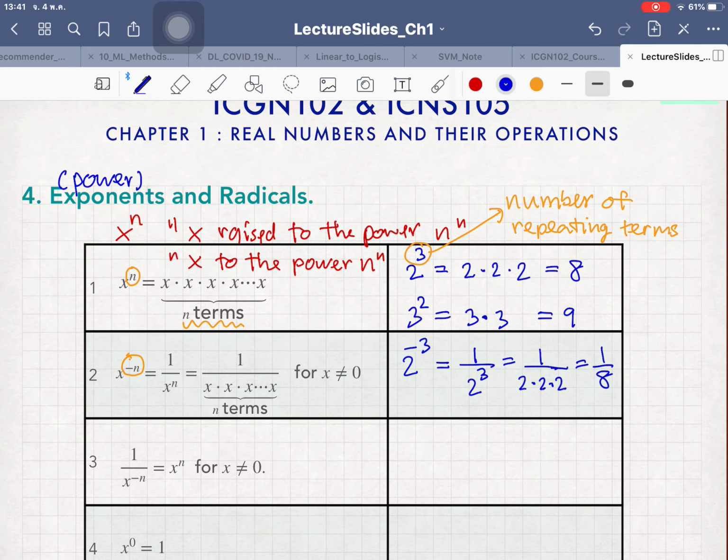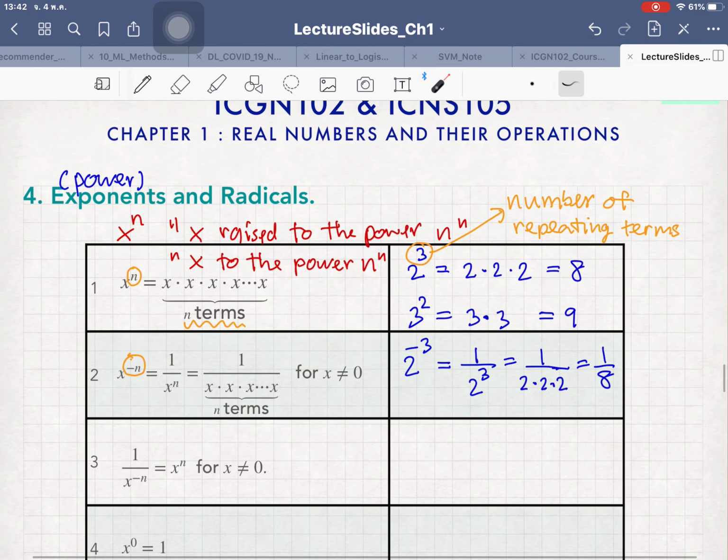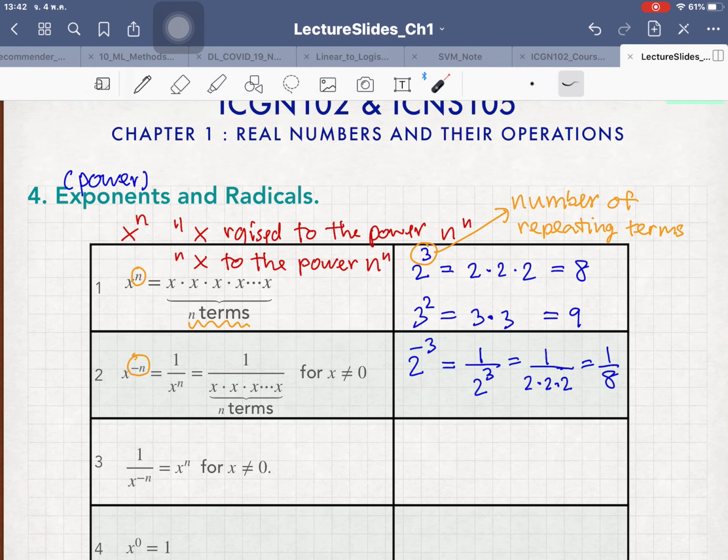You can also get this rule from this one, when you can see that these two exponents are on the opposite sides. This one has the minus sign, this one doesn't have the minus sign, so the sign must be plus. So you can use this to write down this term as well.